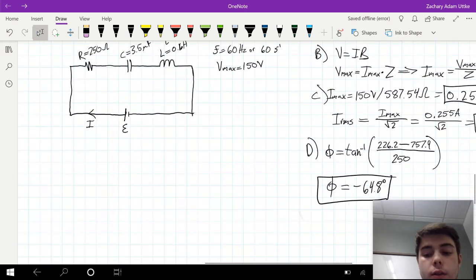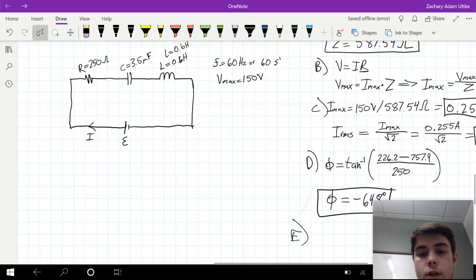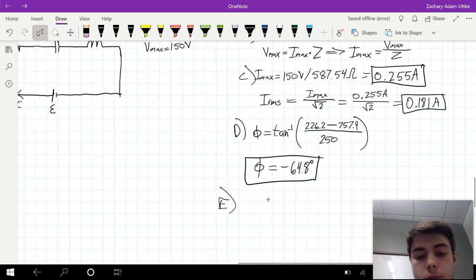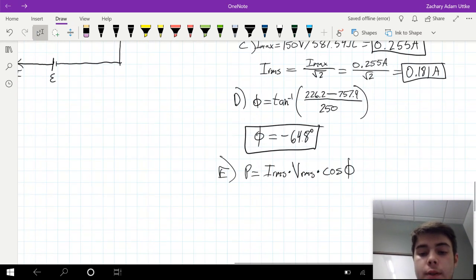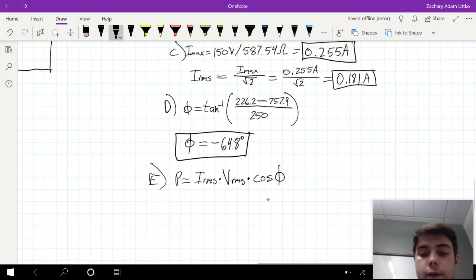Now for part E, let's find the power factor. So that's given by the equation P equals IRMS times VRMS times cosine of theta. So let's rewrite that. P equals IRMS times VRMS times cosine of our angle. So we calculated IRMS earlier, but we have to calculate VRMS.